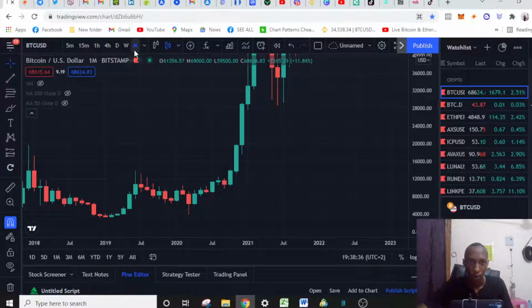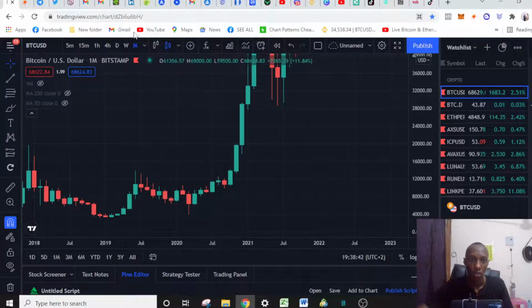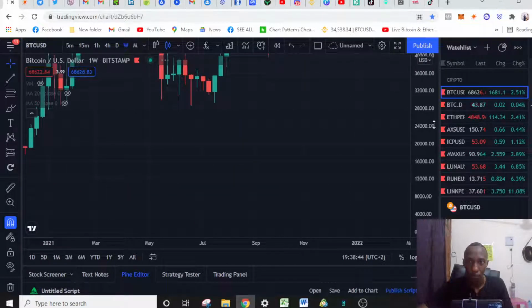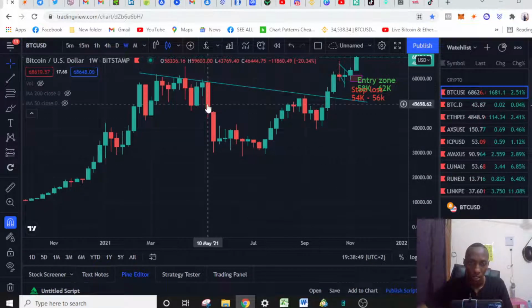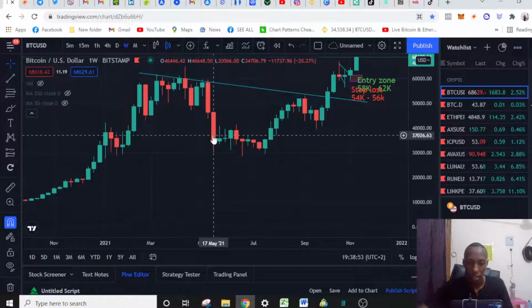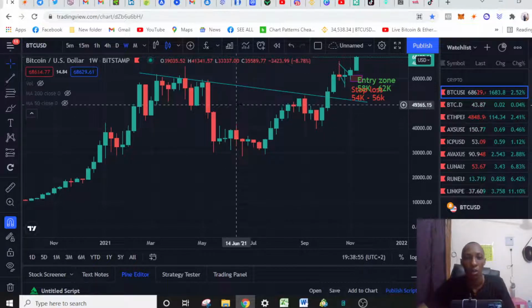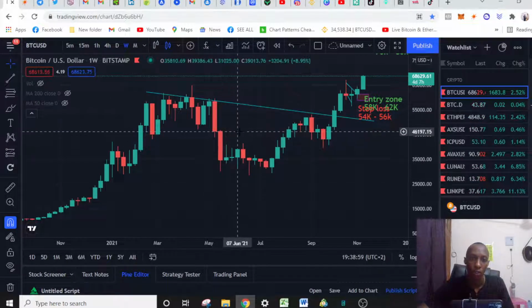If you're in the monthly time frame, one candlestick represents a month. When you go to the weekly time frame, it's the same chart, but now one candlestick represents how that coin performed in a week.